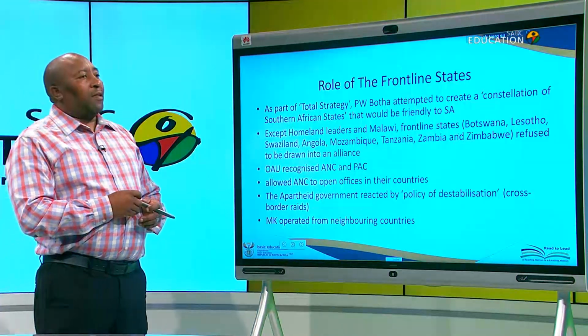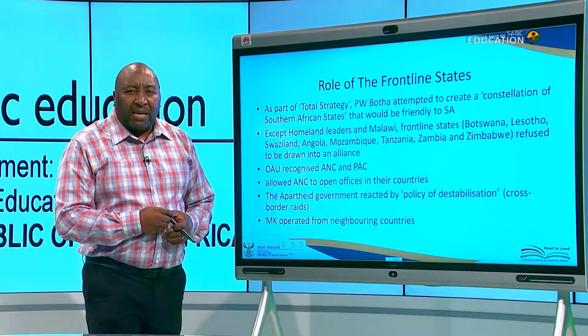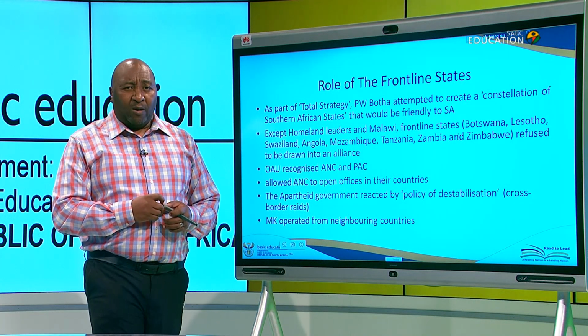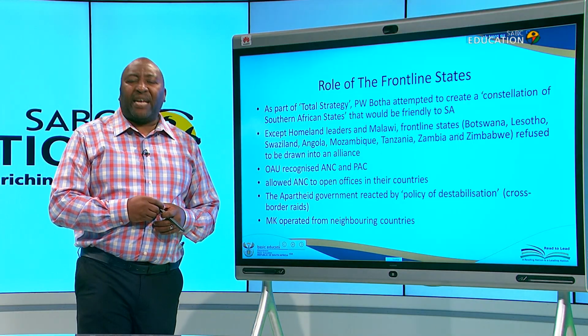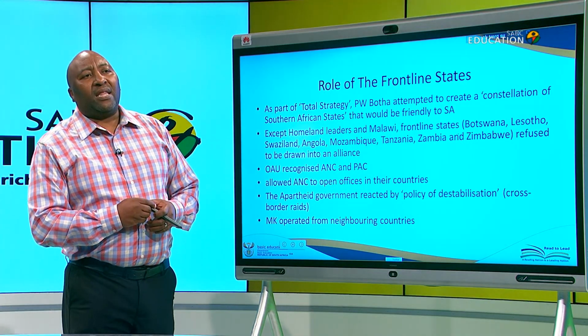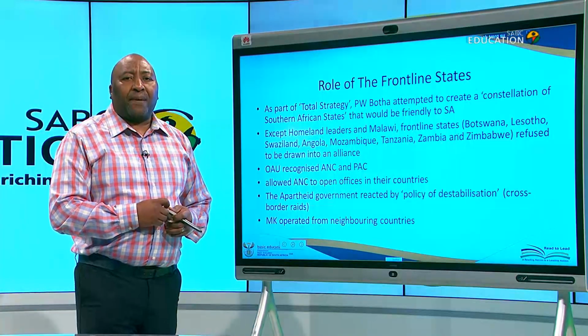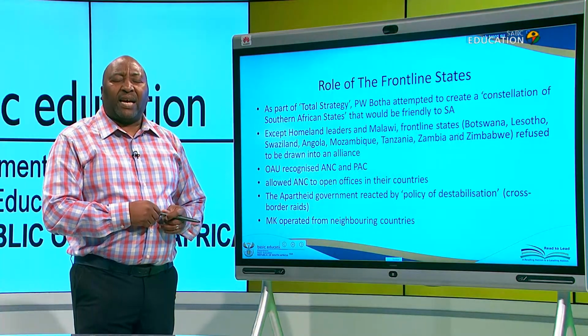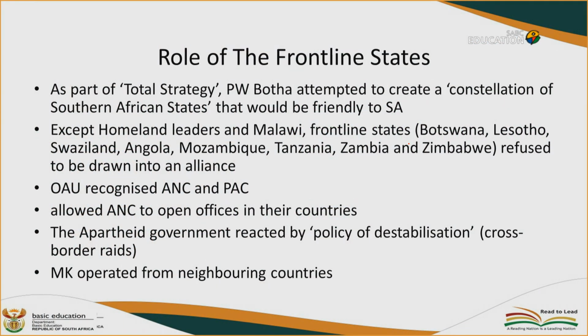Now, the anti-apartheid movement was not the only movement that participated in dismantling apartheid. The frontline states, the states in Southern Africa, also participated in ensuring that South Africa's apartheid system could no longer be tolerated. As part of the total strategy, P.W. Botha tried to form a relationship with the Southern African states to win them to his side.